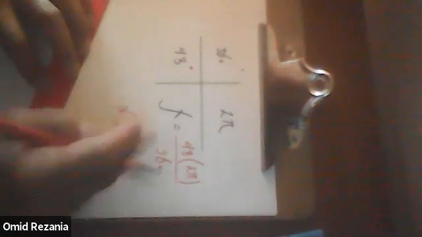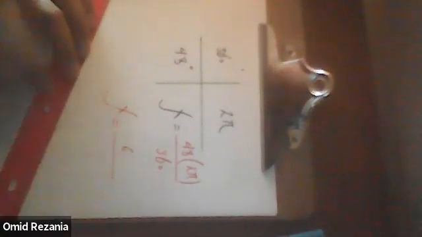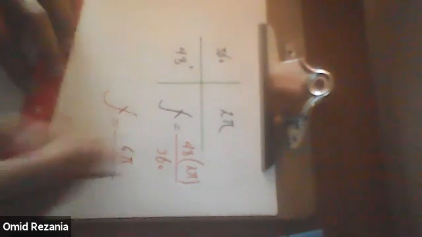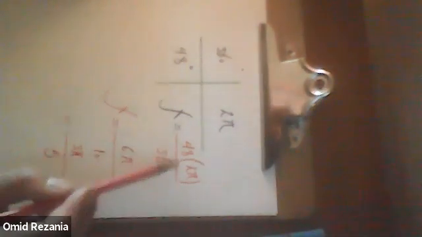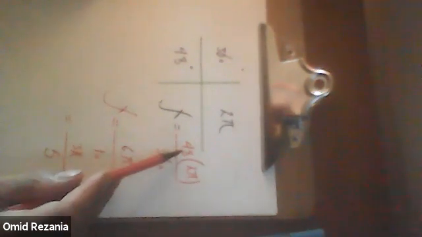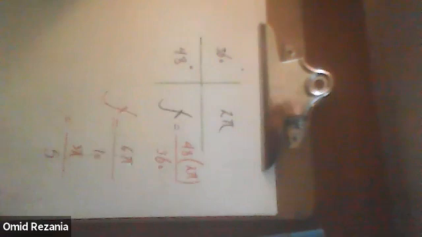It becomes 6 pi over 10, which I suspect is going to be 3 pi divided by 5. Let me double check. It becomes 180. We have 8. We get this. That's right.